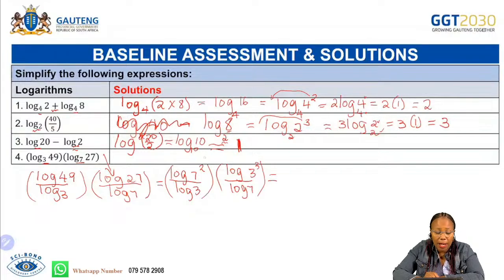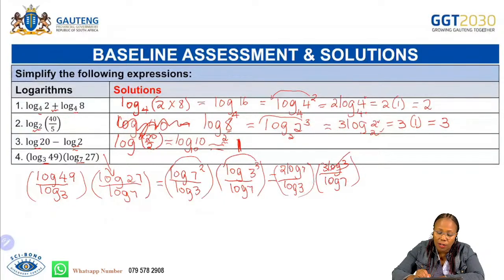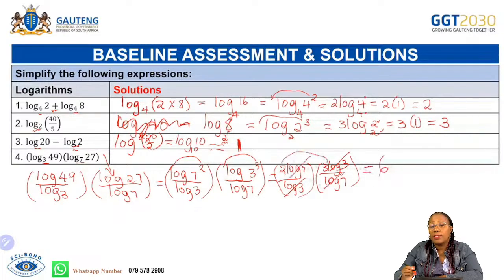Now we apply the rule that says 2 to the front, will be 2 log 7 over log 3. And this one, 3 to the front, will be 3 log 3 over the log of 7. Because we are multiplying, because of those brackets, we are allowed to say log 3 divided by log 3 goes once, log 7 goes once into log 7. And then your answer will be 2 times 3 that is remaining, which is equal to 6, grade 12.